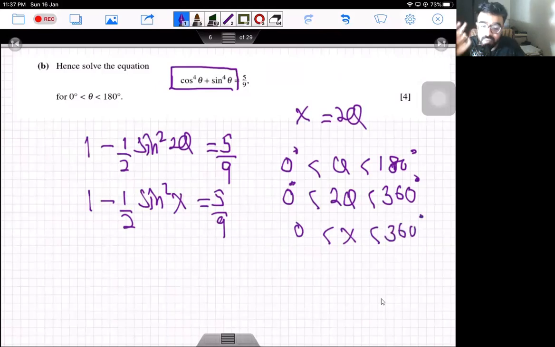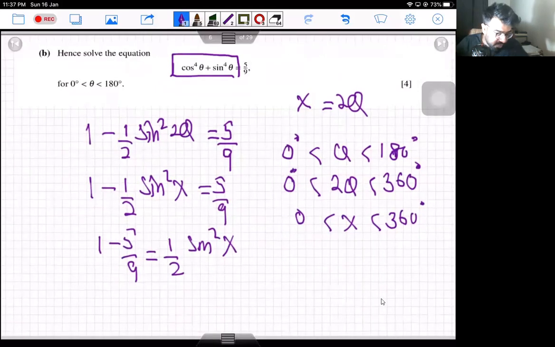So first of all, what we are going to do is find all the solutions in terms of x. So 1 minus 5/9 is equal to half times sine square x. So 1 minus 5/9 is how much? This is 4/9. So 4/9 is equal to 1/2 multiplied by sine square x.